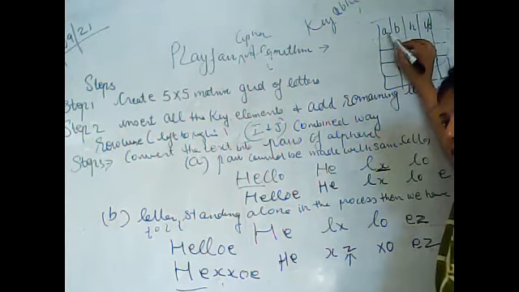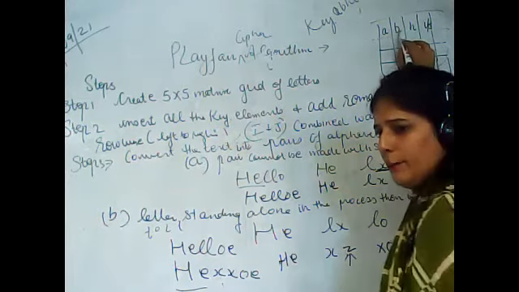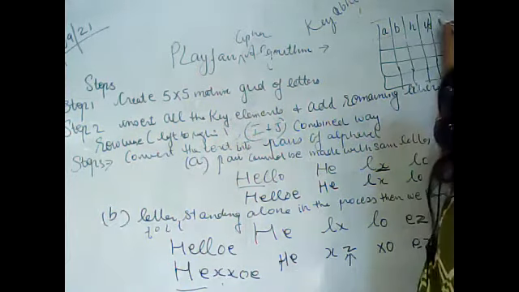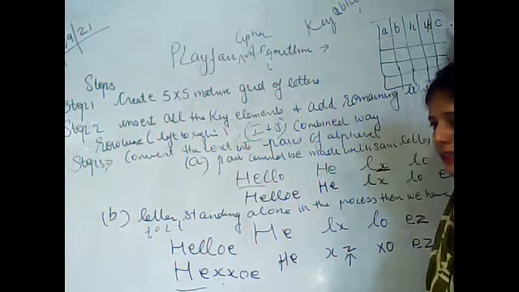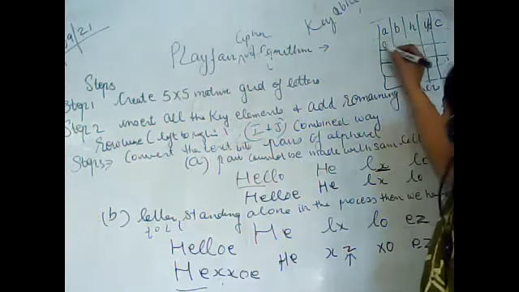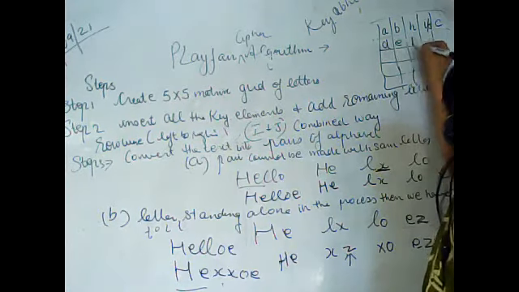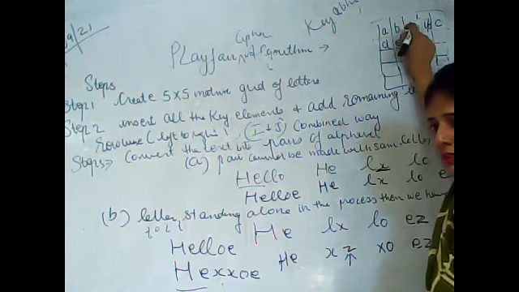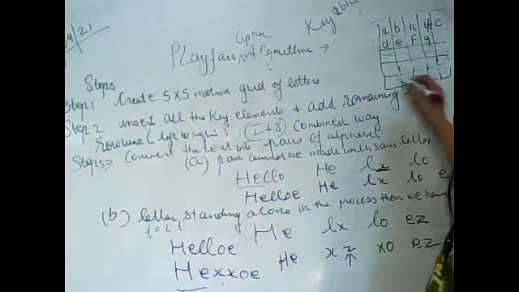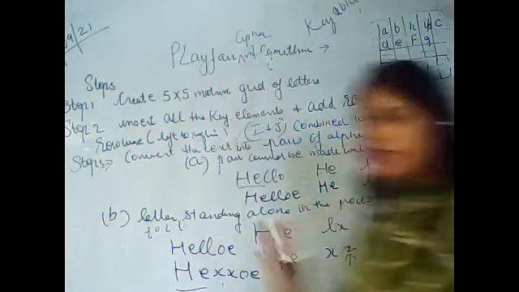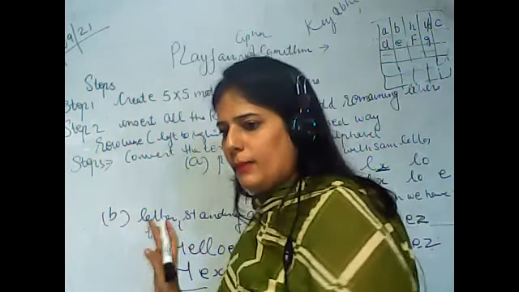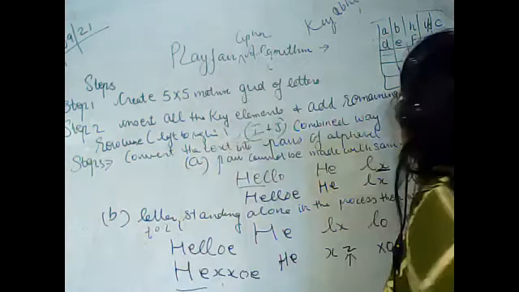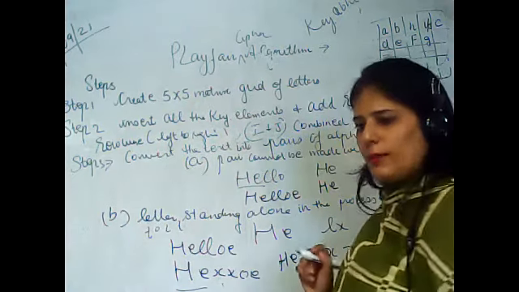Suppose A is there, we have included the A part, B is there, C is not anywhere, so we are writing C. Then D is not there, E is not there, F is not there, G is not there, H is there. Fine. So on we will include all these elements. We will discuss in detail when we start implementing the example. Okay, this is how we have to insert all those elements.